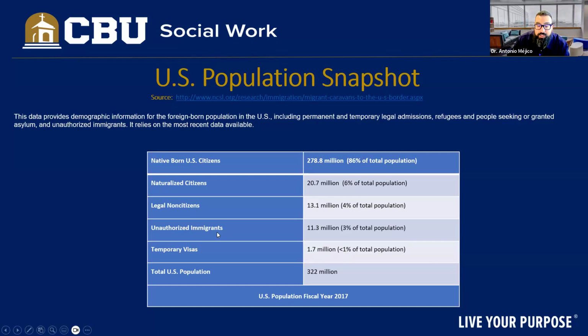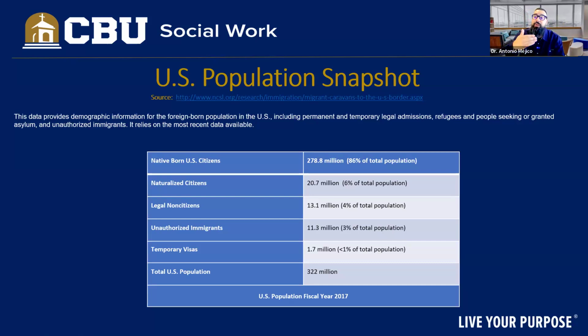And when you think about unauthorized immigrants, what's estimated is about 11.3 million people exist here in the United States. When you factor in the total US population of 322 million, that makes up only 3% of the total population. Why is this important for us to understand as social workers? From a macro perspective, a lot of the discussions, the argument, the fear, the anger that exists in our society, the polarity within our society, when we quantify the number, we're only talking about 3% of the population.